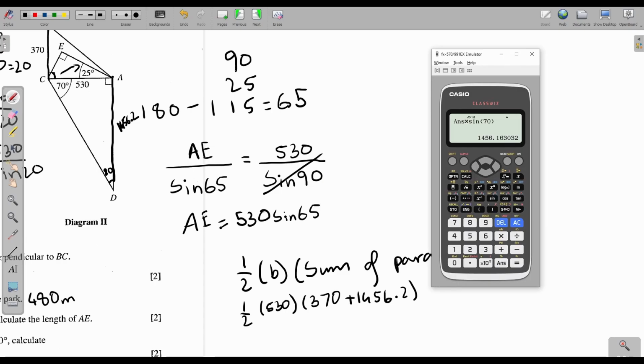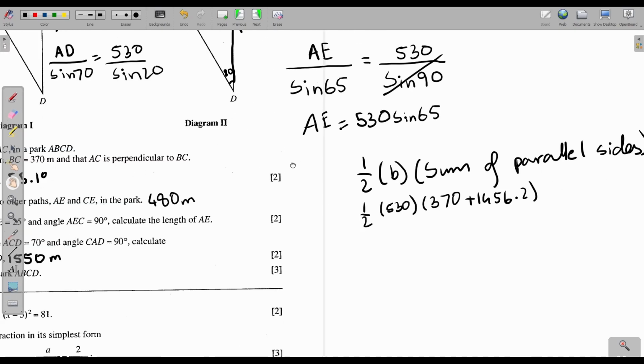And again, I could just use my calculator, so 530 into the sum of 370 plus 1456.2, and that is 483943, or we can just do 484000 in 3 significant figures.